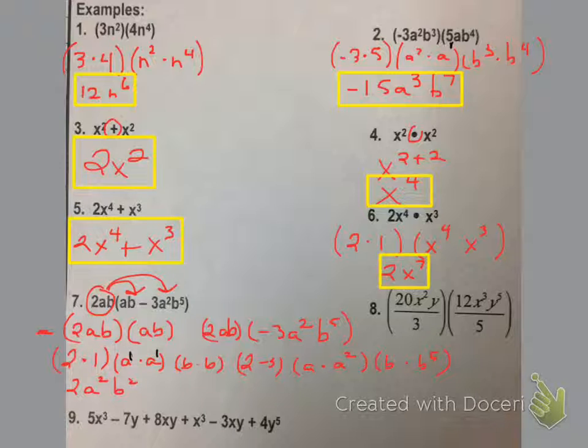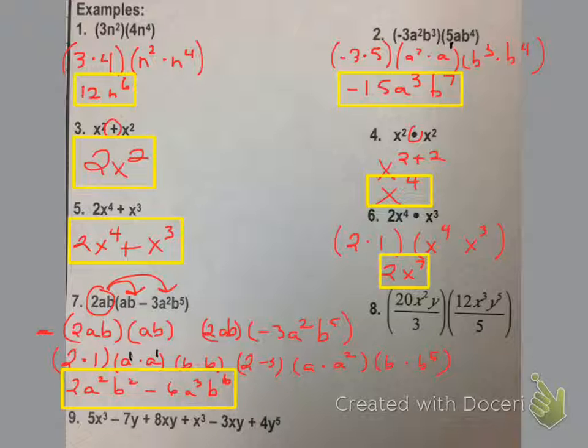So when I simplify this, 2 times negative 3, once I start to simplify this, I'm just going to stick it right back here with the rest of this problem. So 2 times negative 3 is negative 6. A times A to the 2nd power is A cubed, or A to the 3rd power. And B times B to the 5th power is B to the 6th power. And there's your answer.